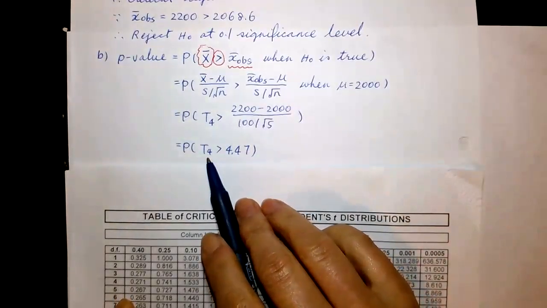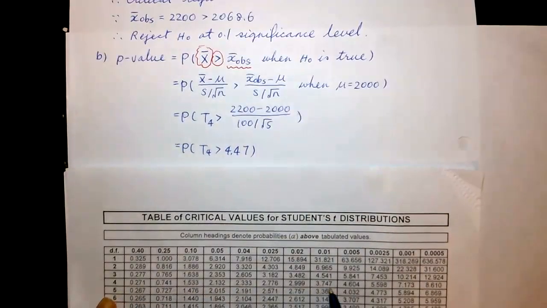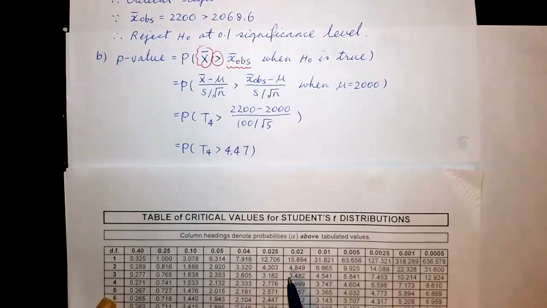Here we are looking at 4.47 in the row of 4. Degrees of freedom is 4. 4.47 is not there. But 4.47 has two neighbors. 4.6 here, 3.7 there. So you find the closest neighbors.